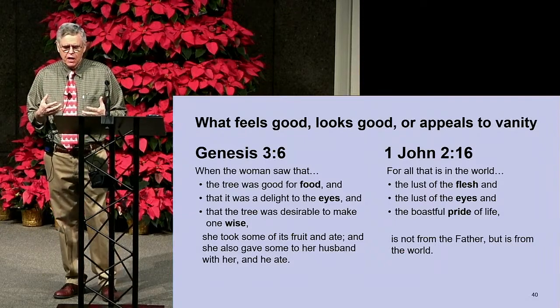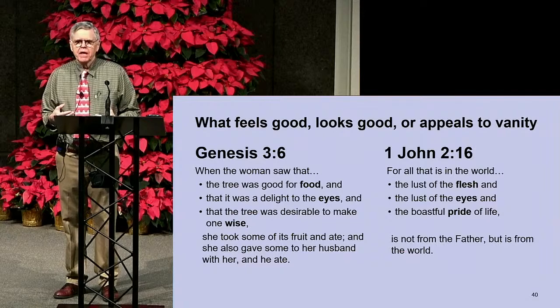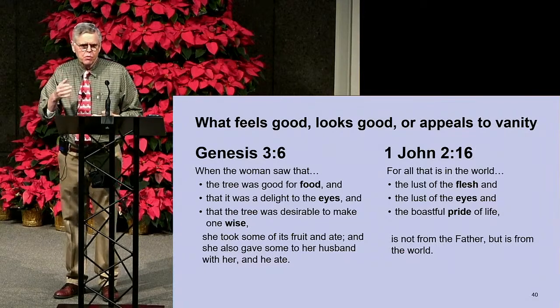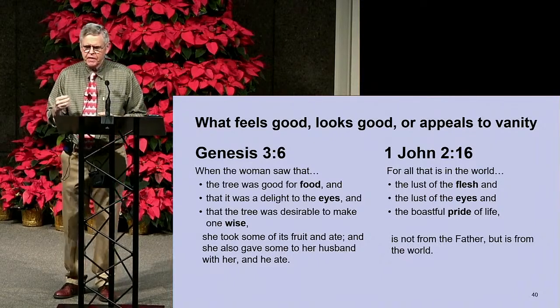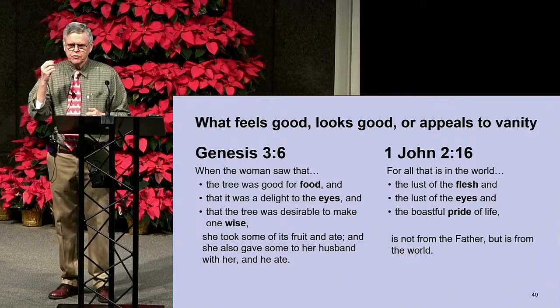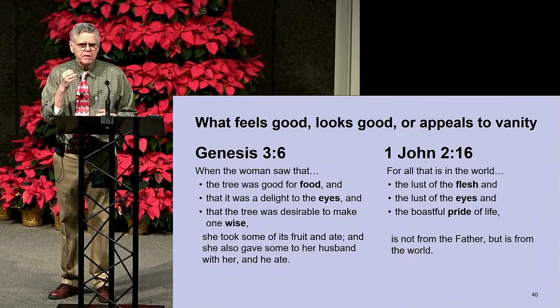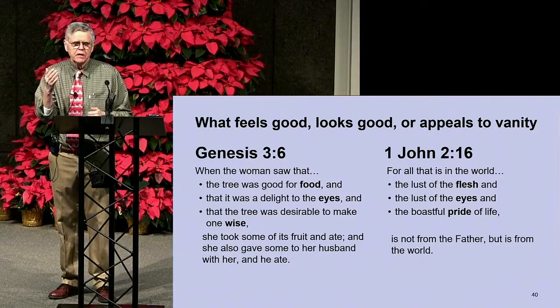By that, it's what feels good to us, the sensual pleasures of the flesh. And another thing that can tempt us is what looks good. Humans are very visually oriented. And so things that appeal, whether it's sexual appeal or aesthetic appeal or maybe clothing, whatever it may be, things that appeal to our eyes can also lead us to sin.